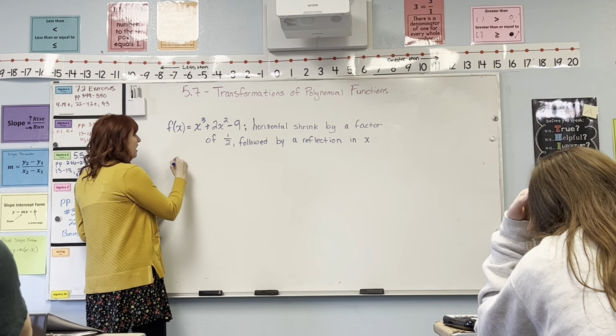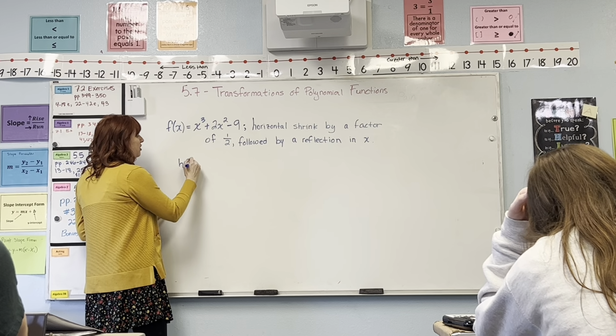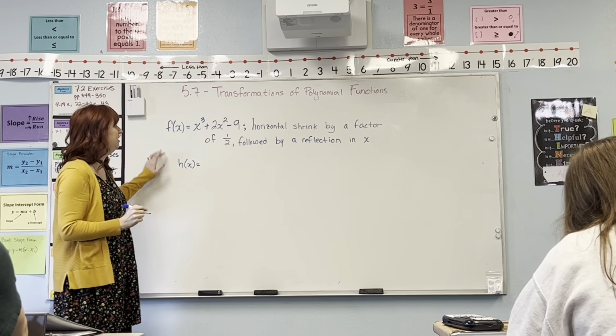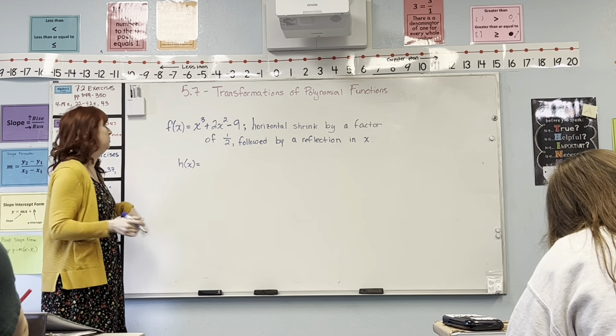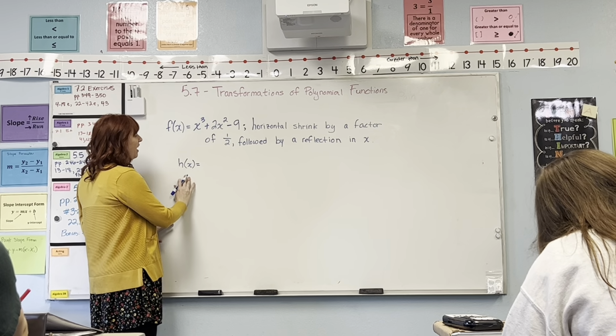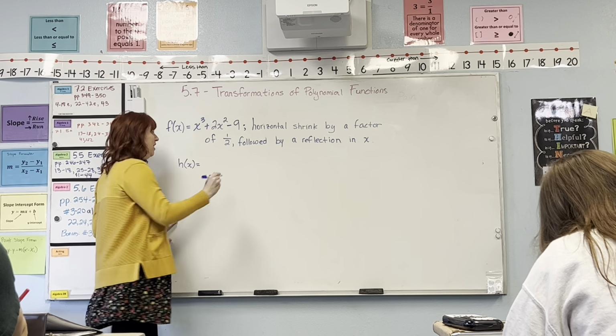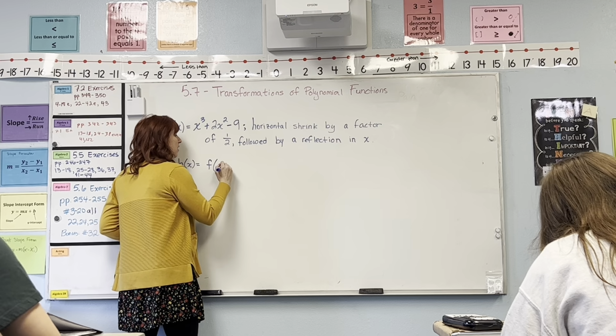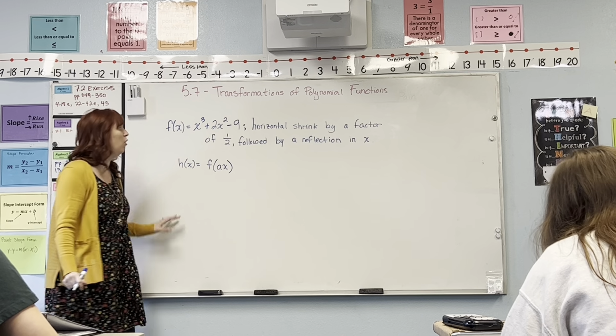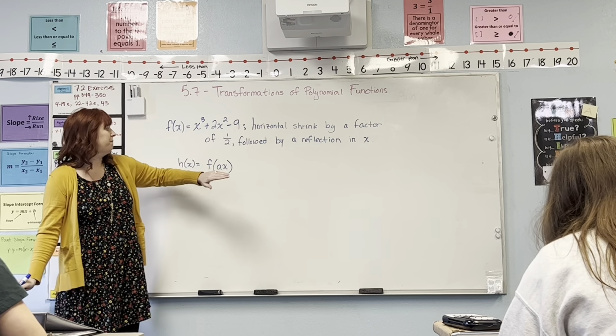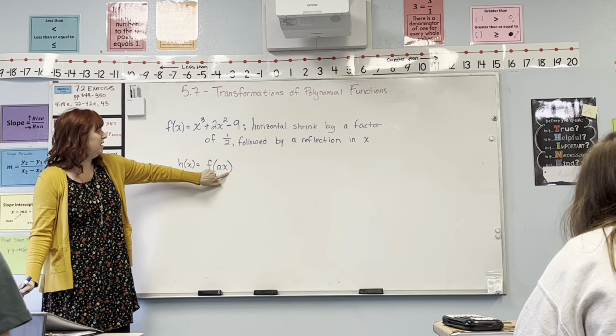I'm going to do my second one, my middle function, I'm going to call it h of x because we're going to get to g, because usually they want g to be the last one. So we're going to say h of x is f of a times x. For a horizontal shrink, you use this, okay?